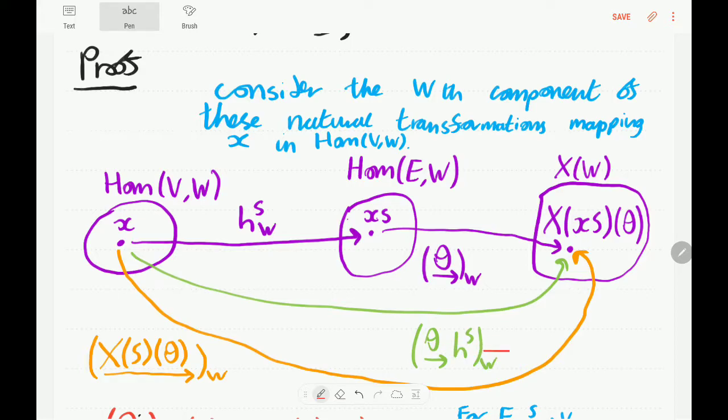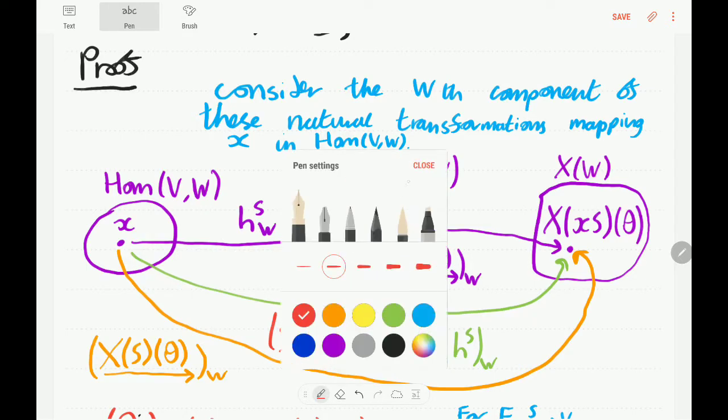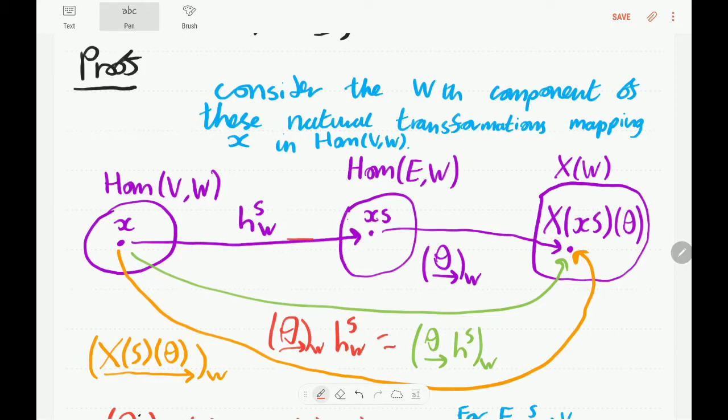And we want to perform this function on this element X of Hom V comma W. So, well, we can break this into two steps, because we can write this as the W component of theta underlined, after the W component of HS. So we break it into these two steps, as I'm showing with the purple arrows.